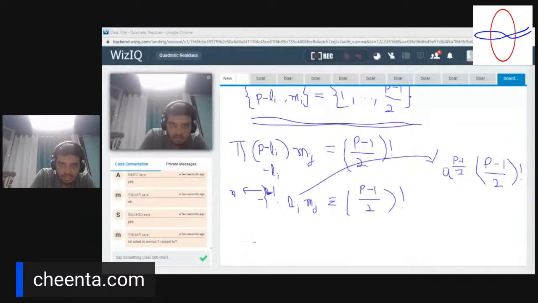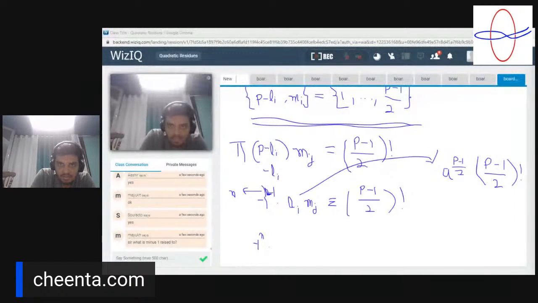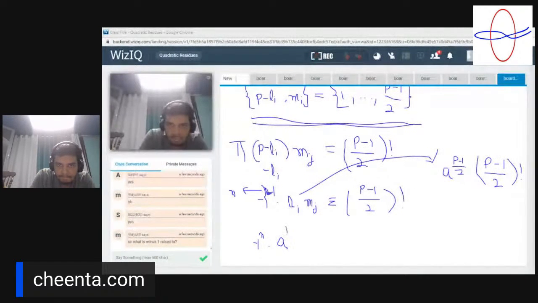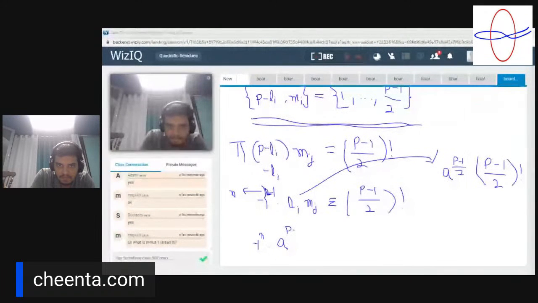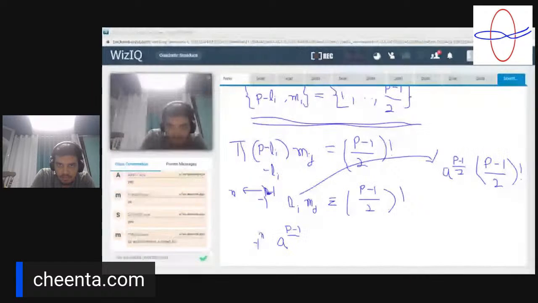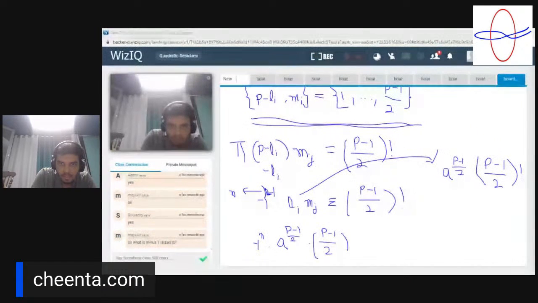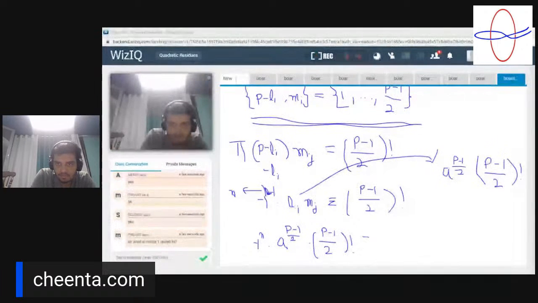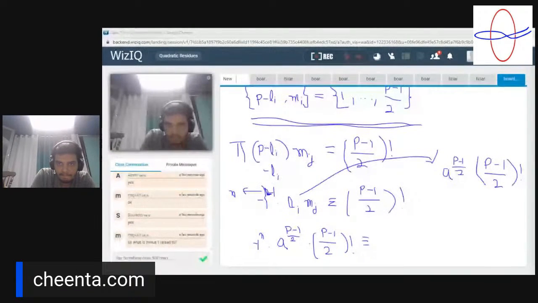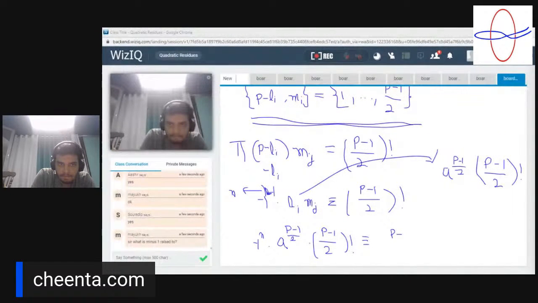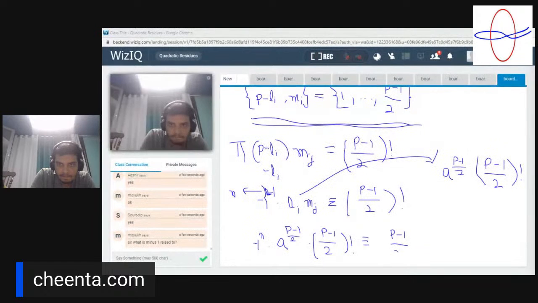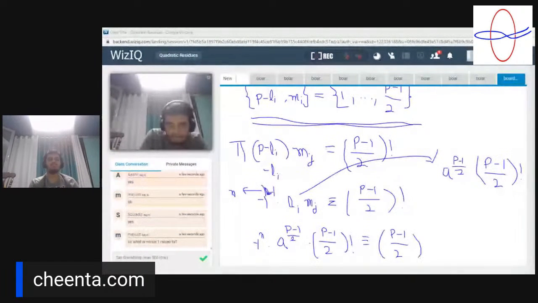So minus 1 raised to n times A raised to P minus 1 by 2 times P minus 1 by 2 factorial is congruent to P minus 1 by 2 factorial, right? Are you fine till here?